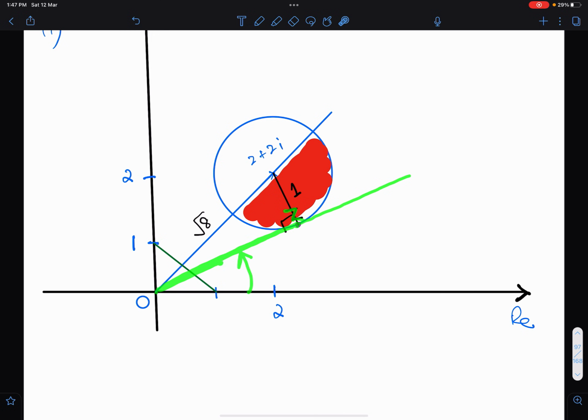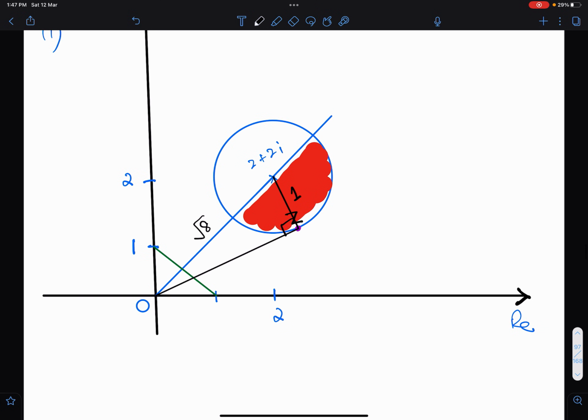The question is, find the value of modulus z for which argument z is least. So try to understand this. If z is here, then argument z is least, and we need this distance. So this is the requirement.